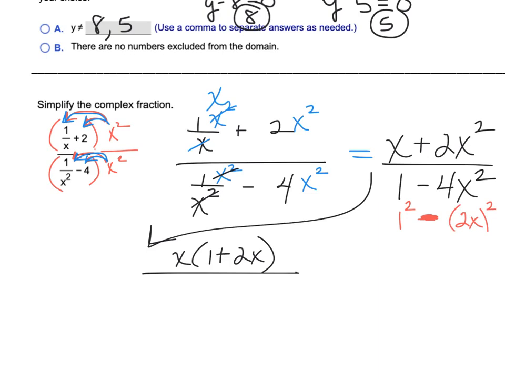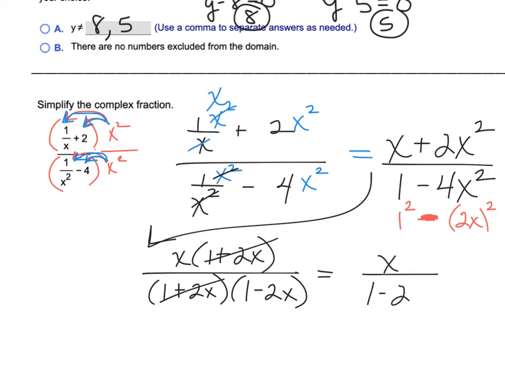So it actually can be factored into 1 plus 2x, 1 minus 2x. Those cancel. My final simplified answer would look like that. Okay, once again, I'm using a shortcut method. Pearson shows you a little different method, which is basically saying just combine the top fractions into one fraction and the bottom, and then divide the two. It's the same thing, just maybe an extra step.